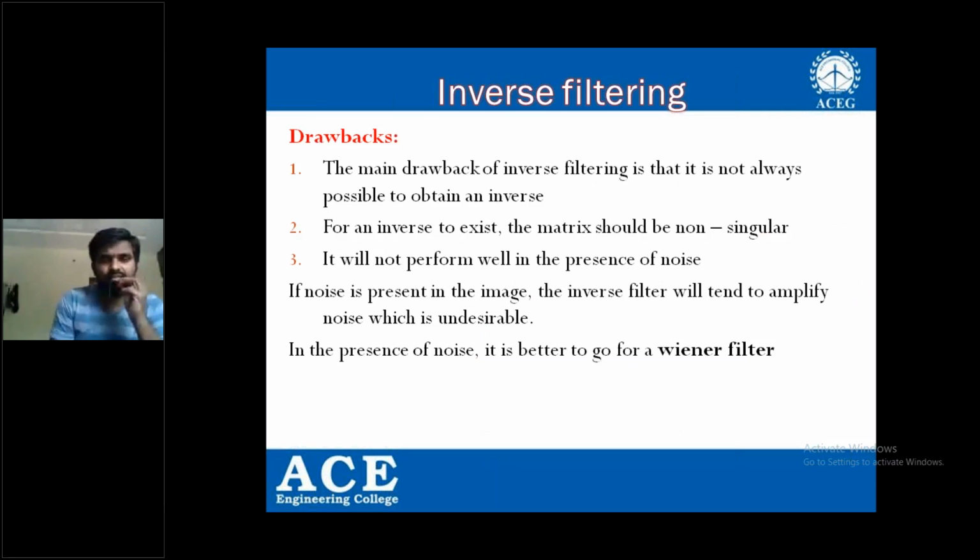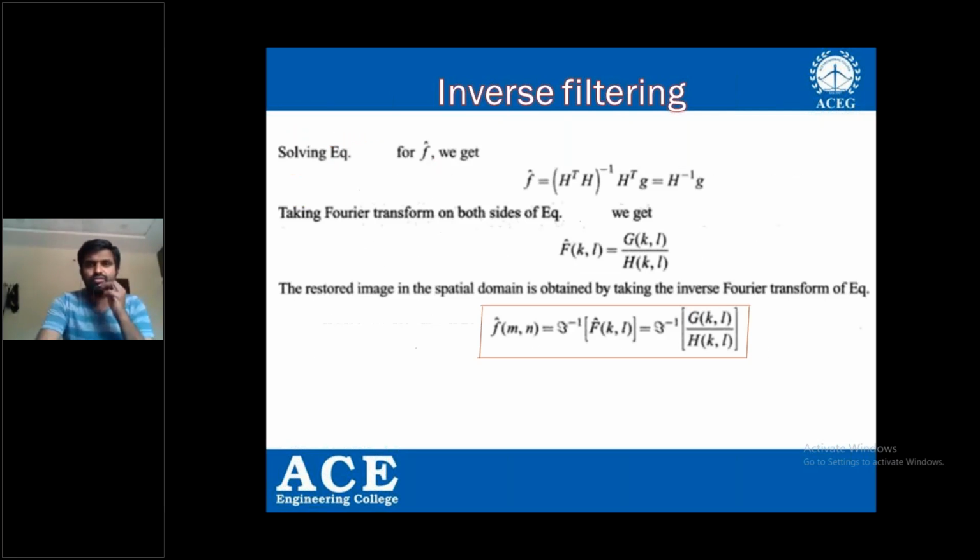And what are the drawbacks of inverse filtering here? The major drawback is that it is not always possible to obtain an inverse. Why? Because we have to find the inverse of H, and then multiply with G to get F cap. This is the final equation you can write for restoration by using inverse filtering, right?